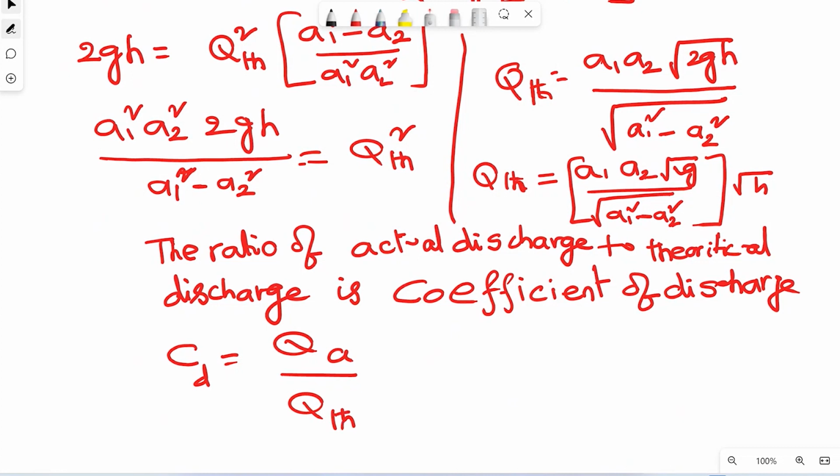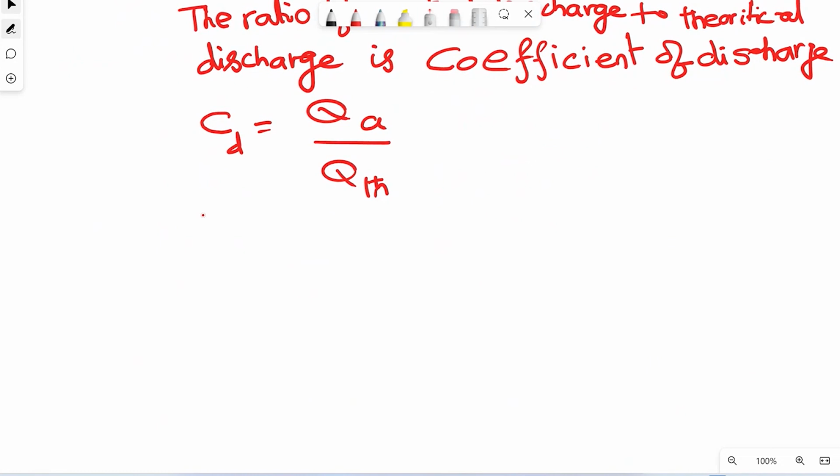Therefore, Q actual is equal to CD into Q theoretical.